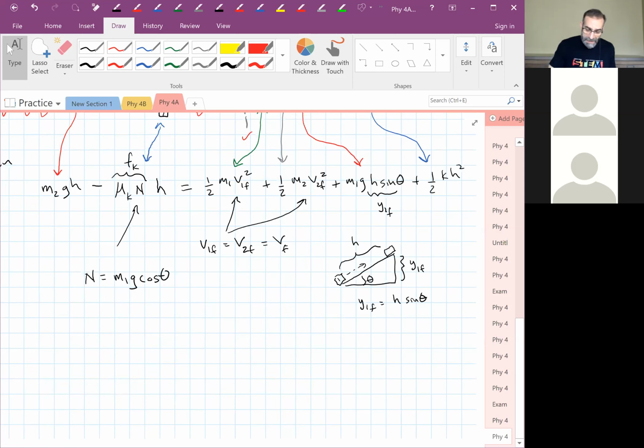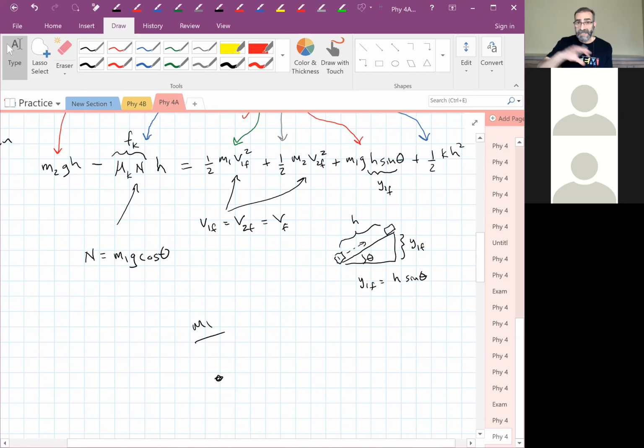So if I draw a free body diagram for my block 1, as it's moving, once it starts to move up the incline, what do we have? We have a tension, we have a spring force, we have M1G sine theta, M1G cos theta, we have a normal force. Anything else?